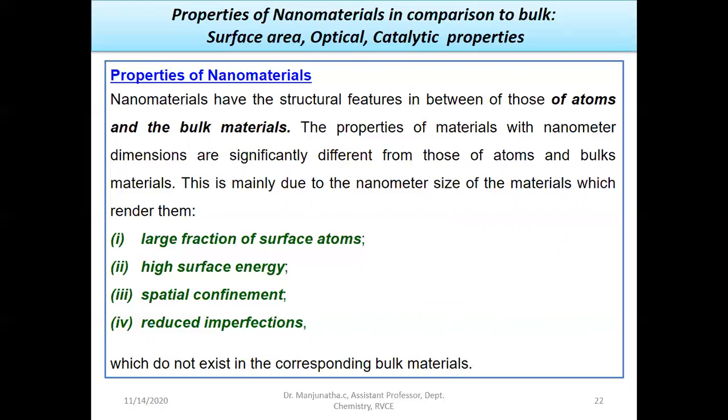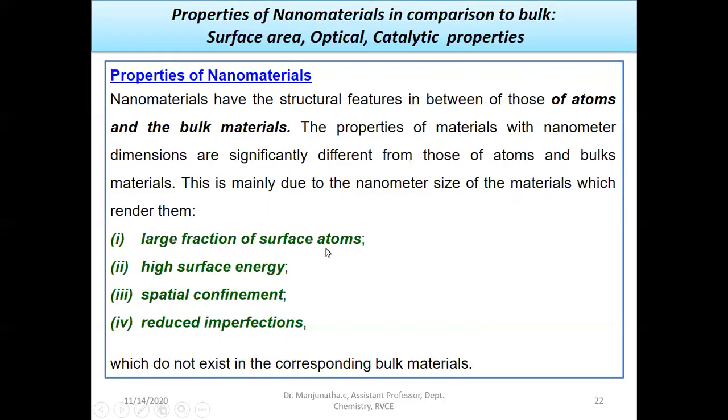We know that the structural features of nanomaterials come in between atoms and bulk materials, because their size is more than an atom and less than bulk material. So why do nanomaterials exhibit different properties? Because of these four features. In nanomaterials, a large fraction of the atoms are exposed.